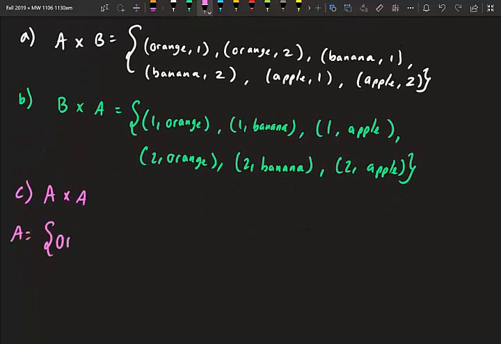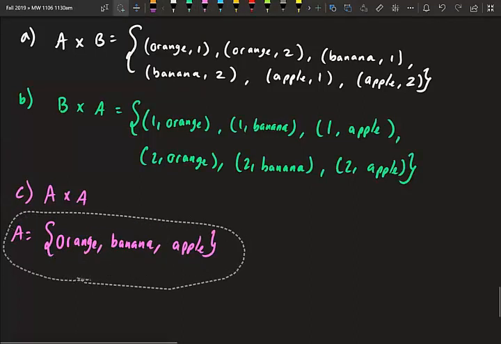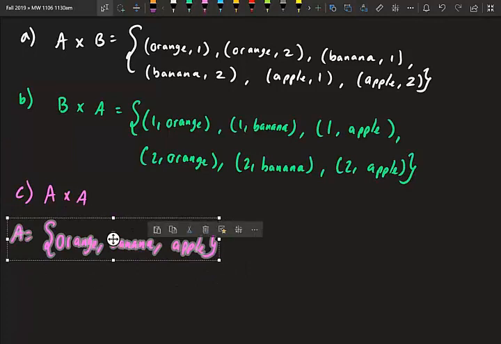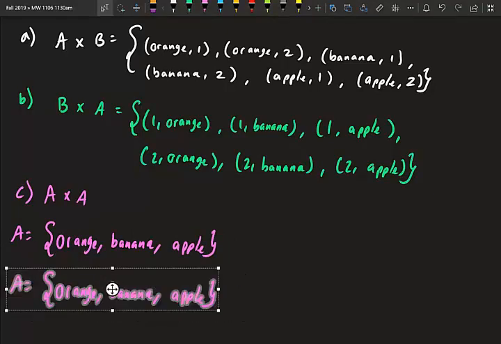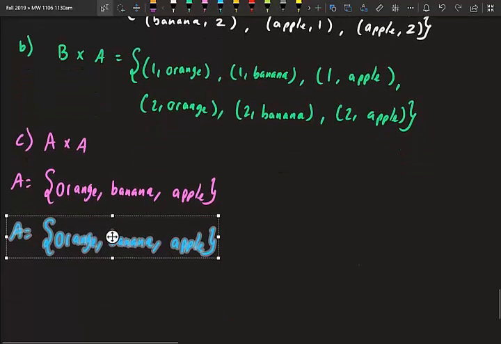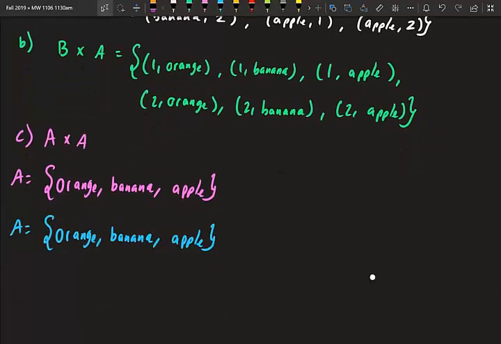That'll help us out. Alright, so we're doing each to each: orange orange, orange banana, orange apple, banana orange, banana banana, banana apple, apple orange, apple banana, apple apple.